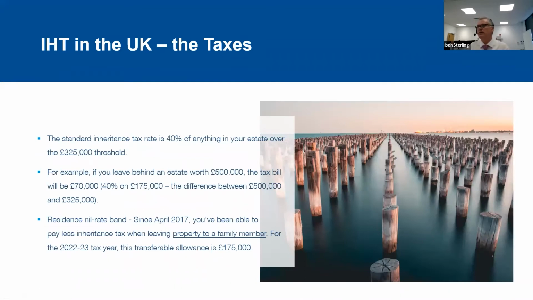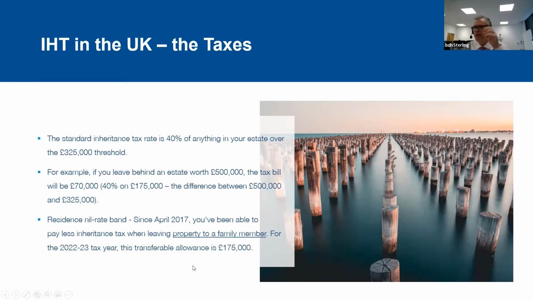So if we look at the tax that comes with inheritance tax, the standard inheritance tax rate is 40% of anything in your estate over the threshold. For example, a nice quick easy calculation: the estate's worth 500,000. The tax on that would be 70,000, which is 40% on 175,000, the difference between the nil rate band of 325,000 and the value of the estate at 500,000.